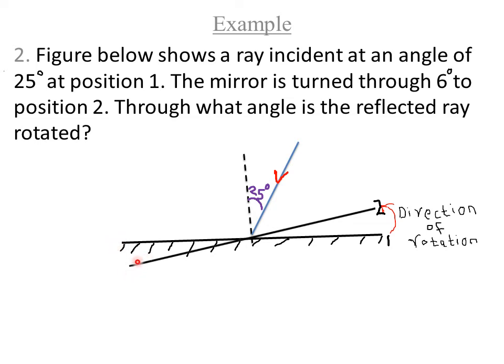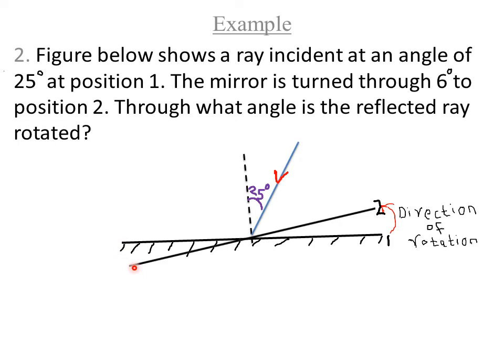So the angle through which the reflected ray is turned will be the 6 degrees turned upward here, plus the 6 degrees that the upward turning actually causes this to be turned downward. So remember, when one moves to position 2, the one that was here also moves downwards by the same angle of 6 degrees.